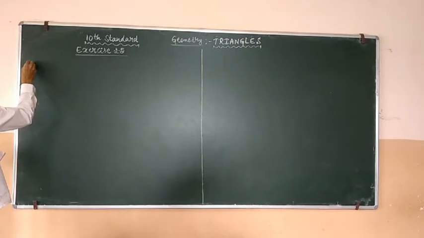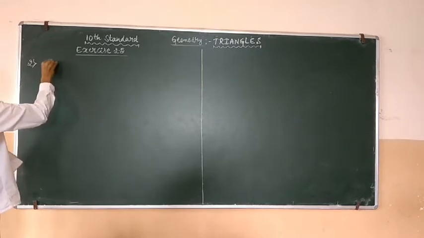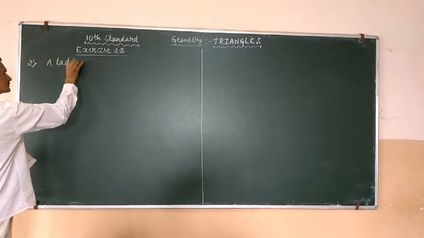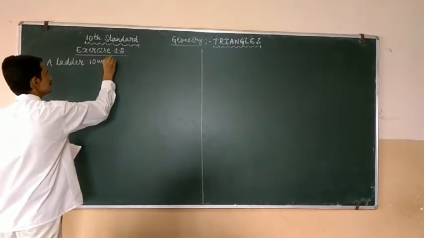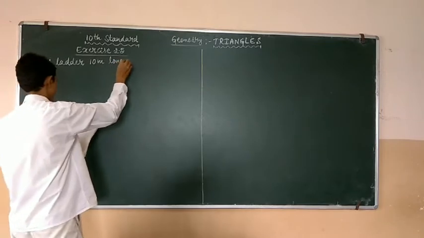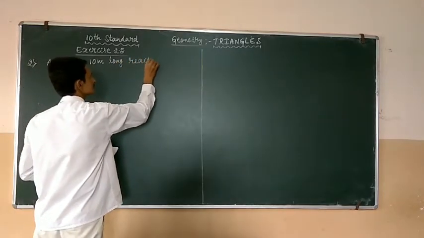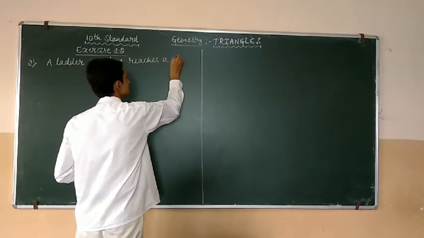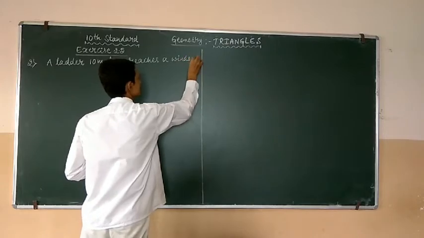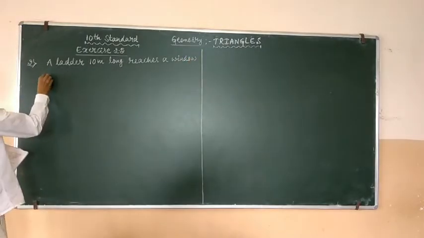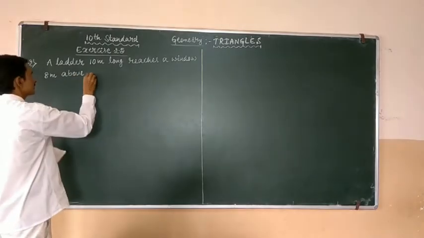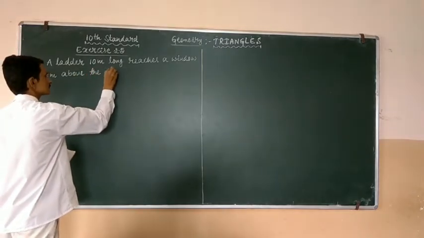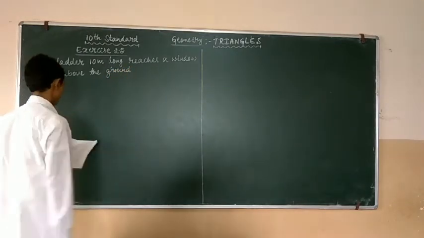The problem is: a ladder 10-meter long reaches a window 8 meter above the ground.